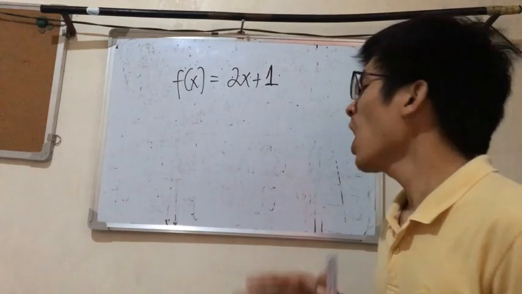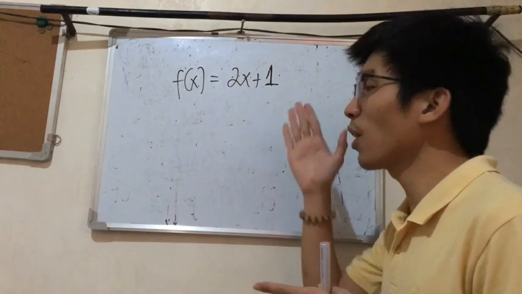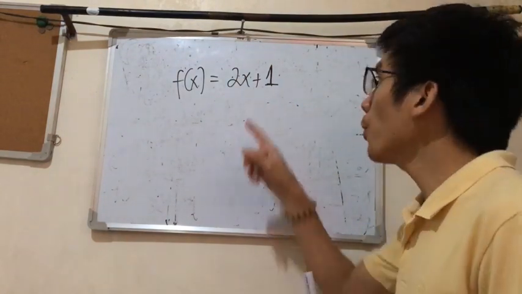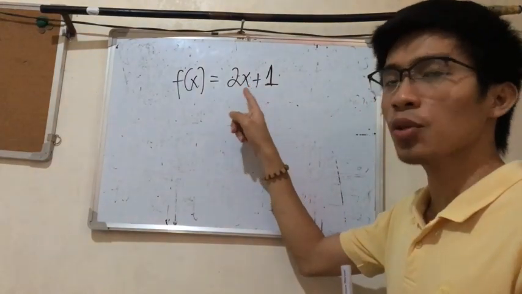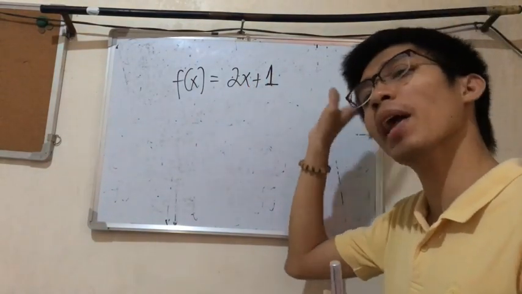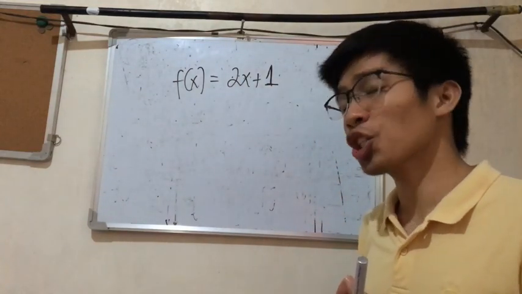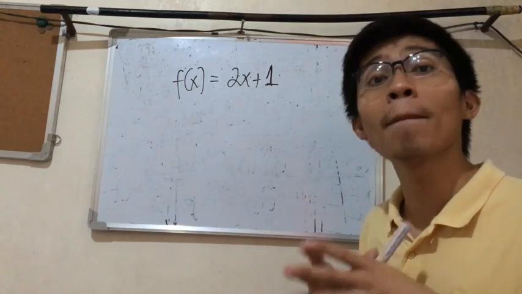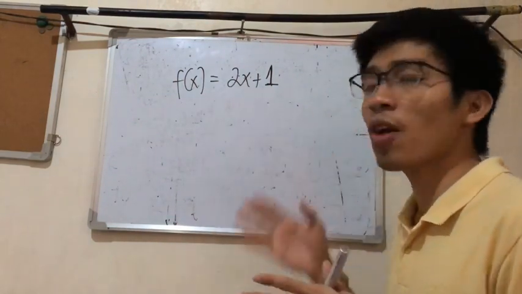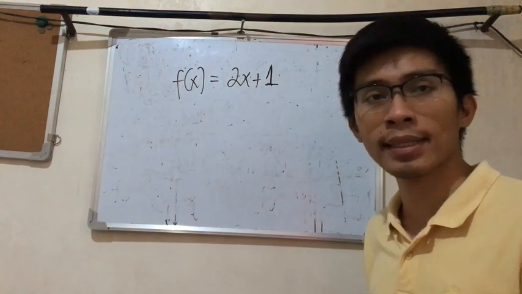Question is, are we trying to avoid a certain number to make this function undefined? No. In short, we are able to put any values for x here. We can put 1, 2, 3, 4, 5, negative 2, negative 3, meaning we are not trying to avoid a number to make this undefined. In short, this function is defined in all values of our x.